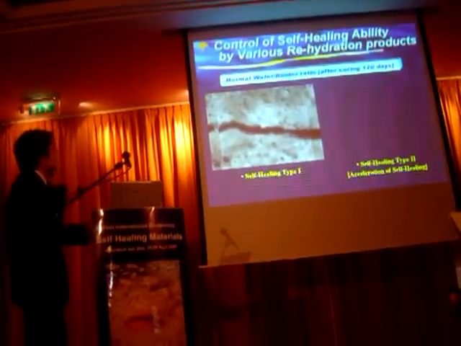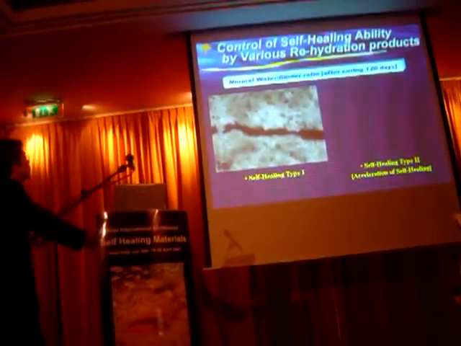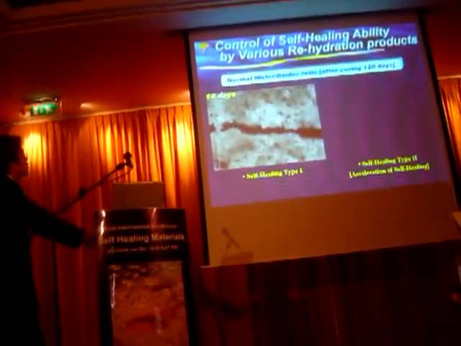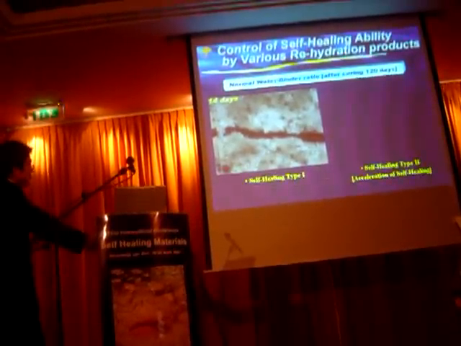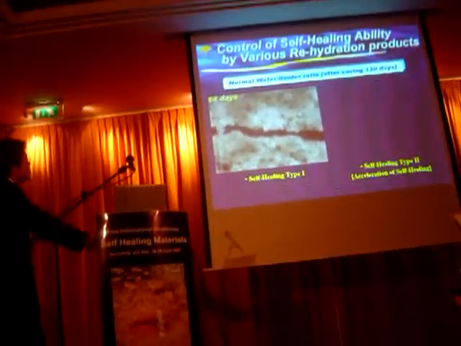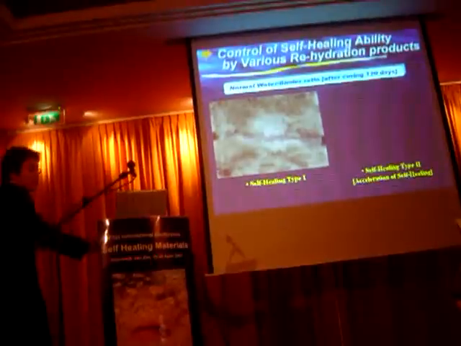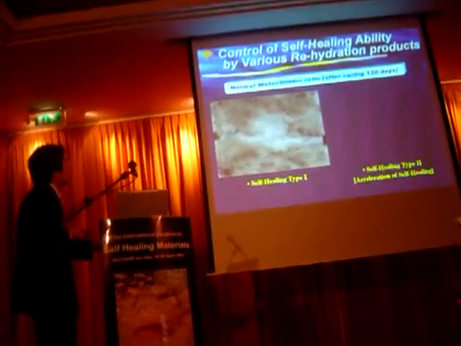So you can see that in this case it's healing type 1, and you can see that rehydration crystallization occurred from 14 days, and until 28 days it was perfectly healed.